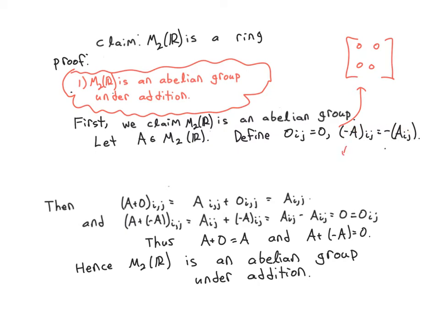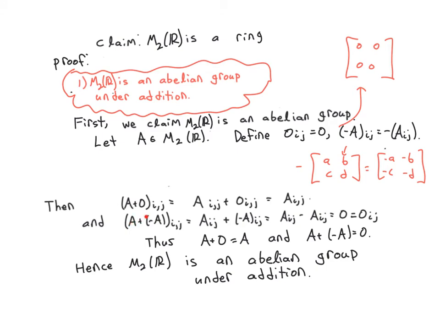It's worth pointing out, negative (A, B, C, D) is just negative A, negative B, negative C, negative D. So using summation or index notation, you can check that the ijth entry of A plus 0 is the sum of these two entries. Since 0 sub ij is 0, adding any number to 0 gives you that number back. So you get A plus 0 is A.